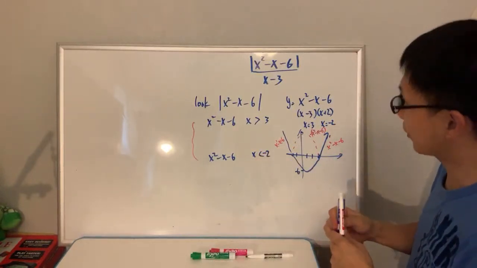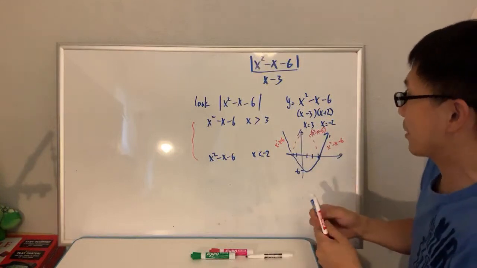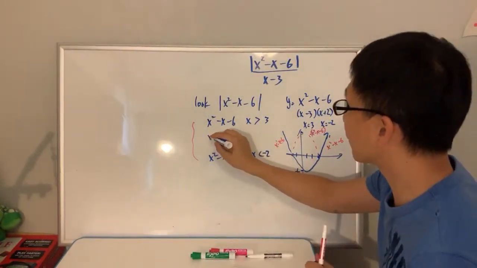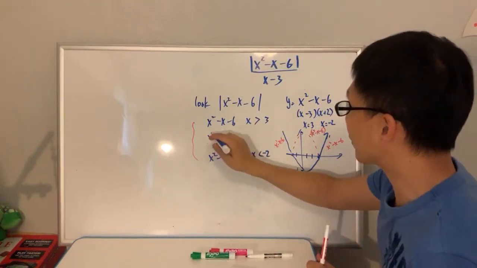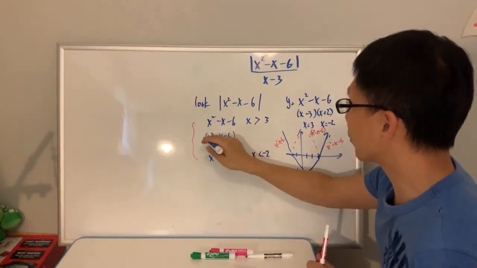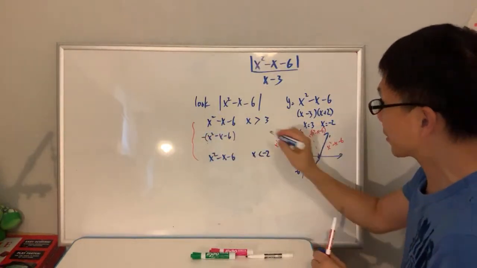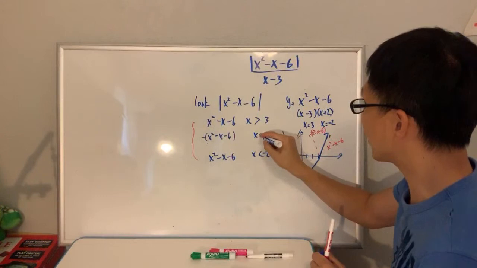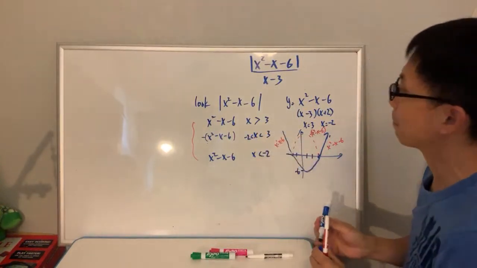Now, the middle part of the function, the negative changes it back to positive. That's basically x squared minus x minus 6, and I'm going to put a parenthesis, and the whole thing is negative. Now, this is just going to be when x is less than 3 and greater than -2.